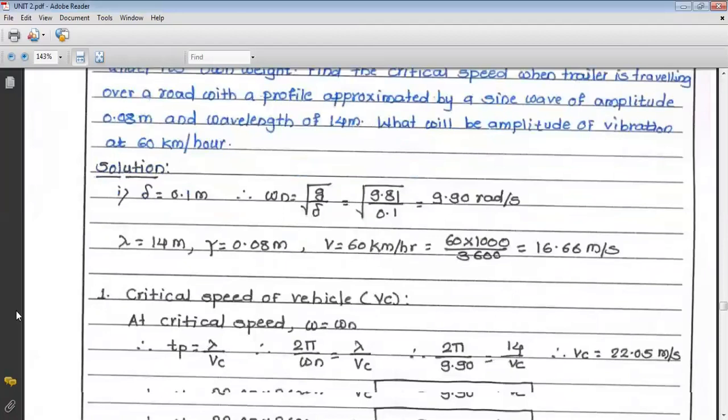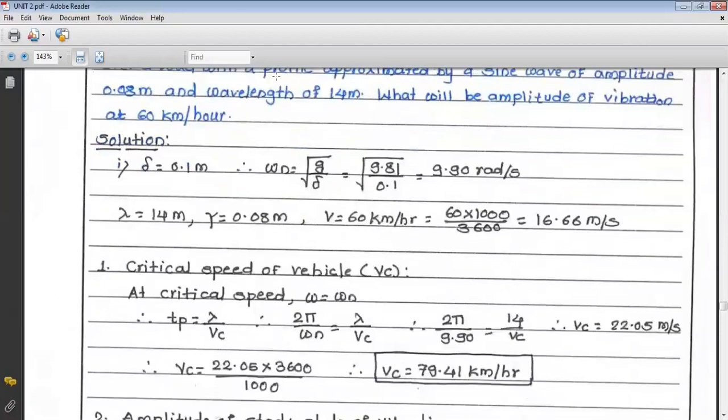So we have to find out the value of omega n. Now we know that at critical speed omega becomes omega n. So Tp is equal to lambda upon Vc, that is nothing but 2 pi upon omega n equals lambda upon Vc. Omega n is a known value to us, so 2 pi upon 9.90 equals 14 upon Vc.